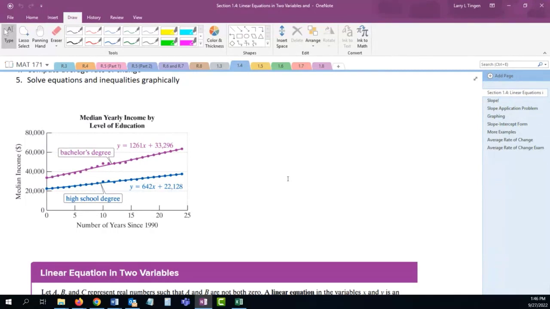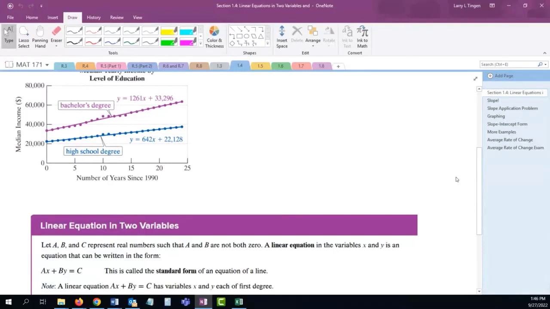Their income is increasing, but the bachelor's degree started higher and is rising, so it started higher and it's ending higher. The line for a high school degree is rising, but it's rising slower, and it's not going to rise as high.